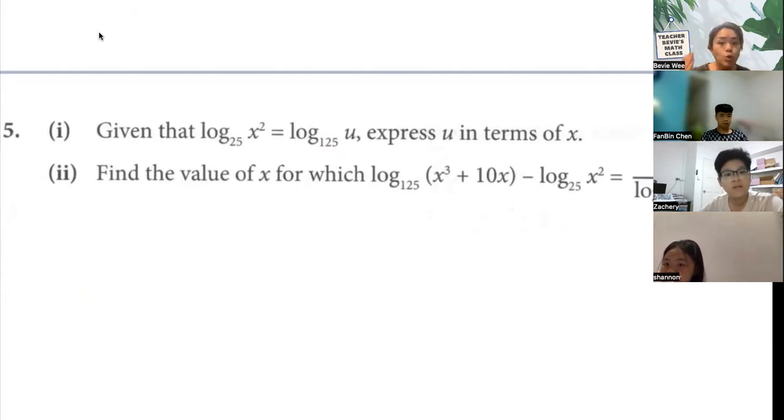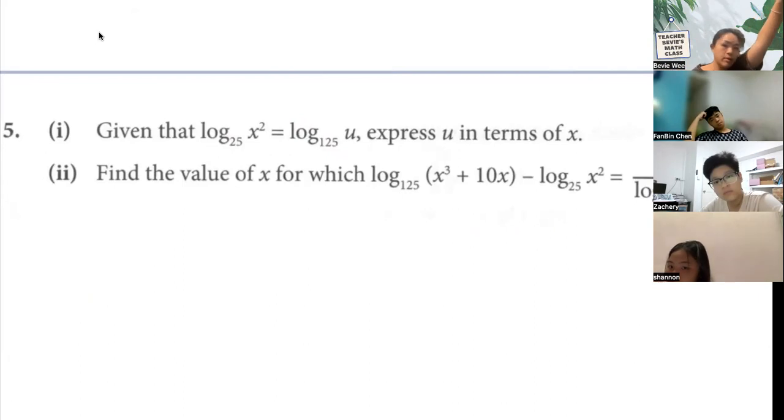Base not the same, you know you have to do a change of base. Would you go with base 25 or would you go with base 125? Base 125? Wrong. Shannon says base 5.